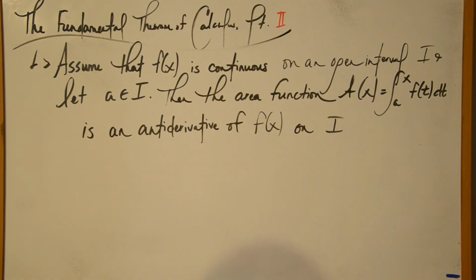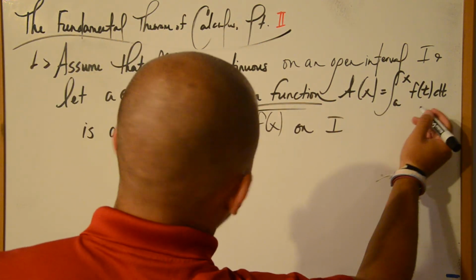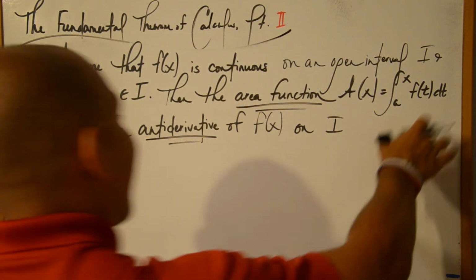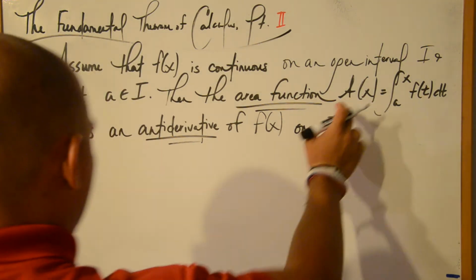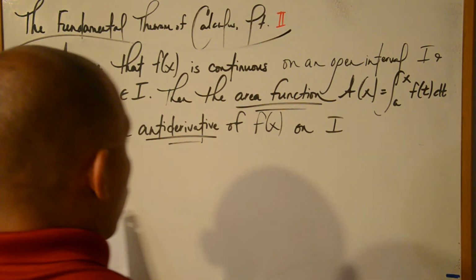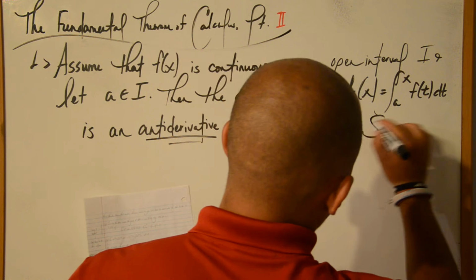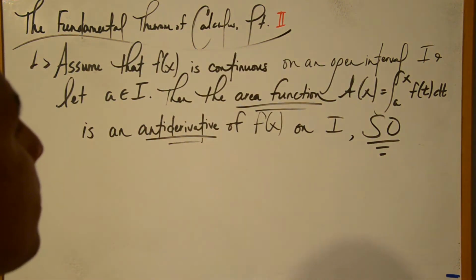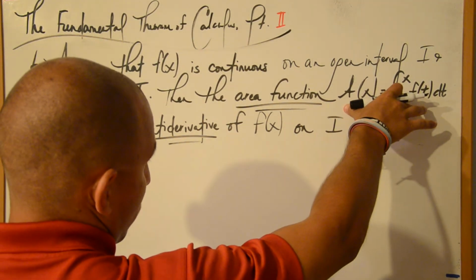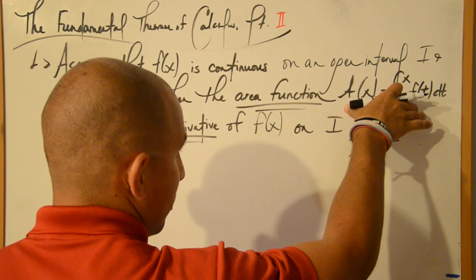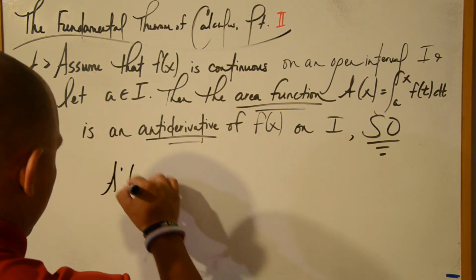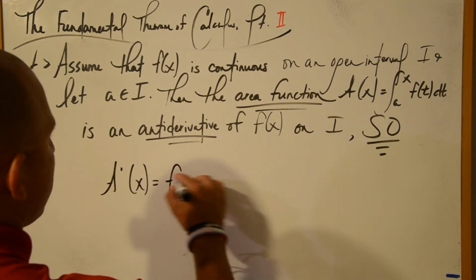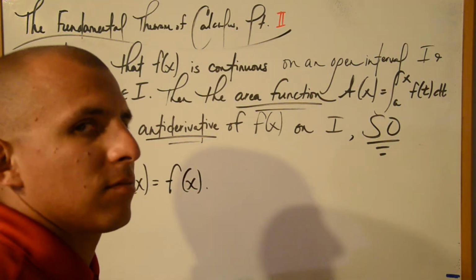Okay, so the area function, this entire piece, is an antiderivative. So what that means, here's the big kicker: if this entire equation is an antiderivative, if I derive the area function, I'll get back f of x.